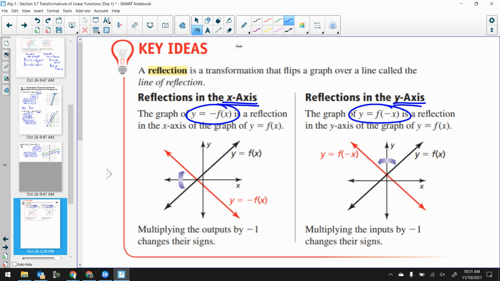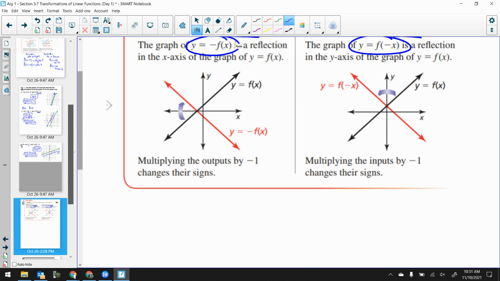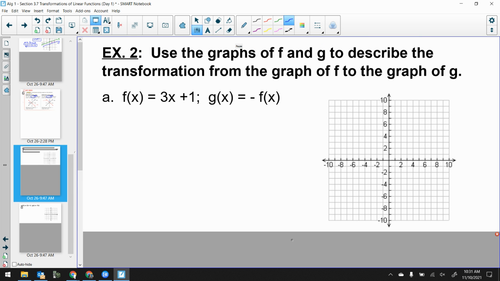Okay? Reflection across the x-axis is negative on the outside. Reflection across the y-axis is negative on the inside. So when I go to reflect, same type of thing here. Just reading from above, what is that notation telling us?